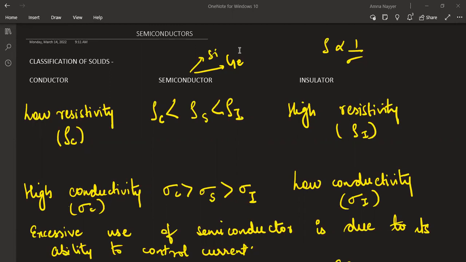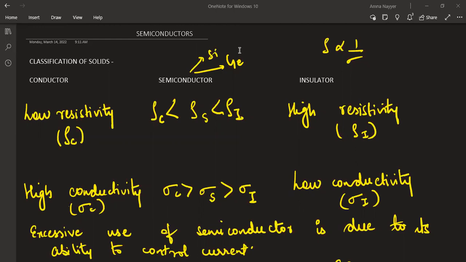See, semiconductors are not conductors, they are not insulators, they lie in between. They have the properties that are in between the conductors and insulators. Conductors have very low values of resistivity and high values of conductivity. Whereas insulators have very high resistivity and very, very low values of conductivity.